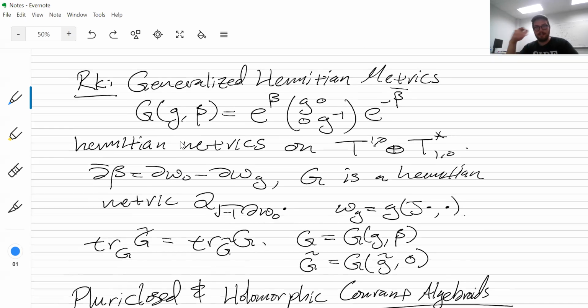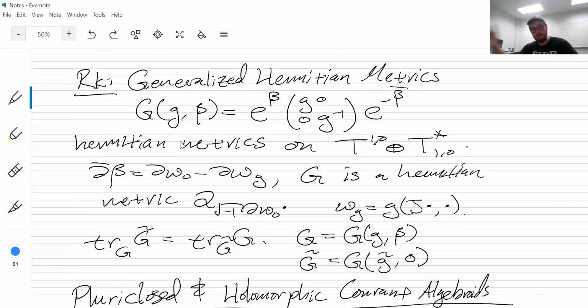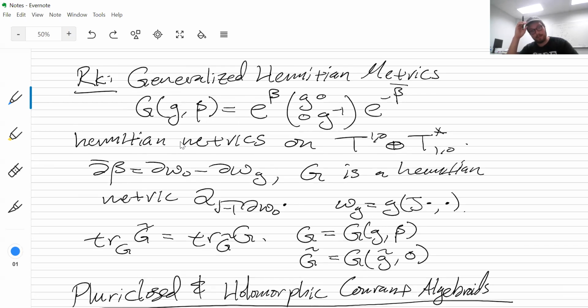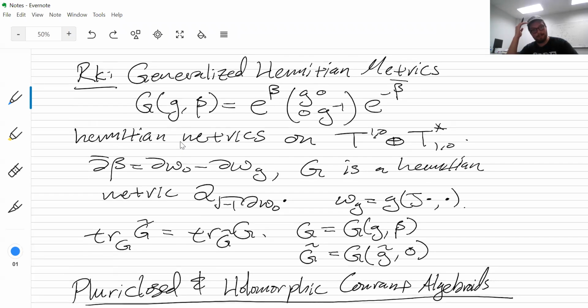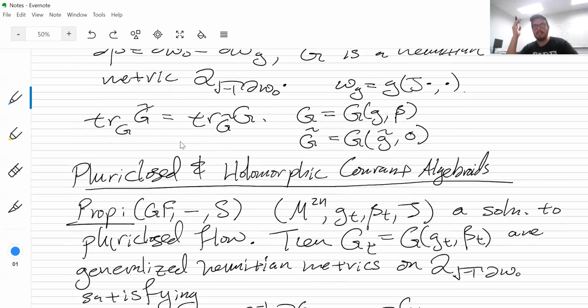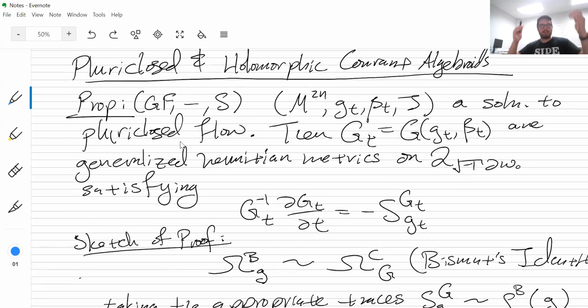But like Jeff said, when you take the generalized geometric perspective, it becomes pretty clear why that should happen. And then you get such a nice evolution equation from it. Yeah, nice. Thanks.